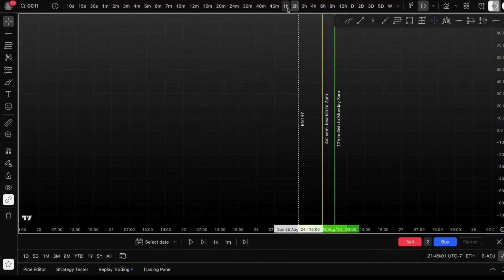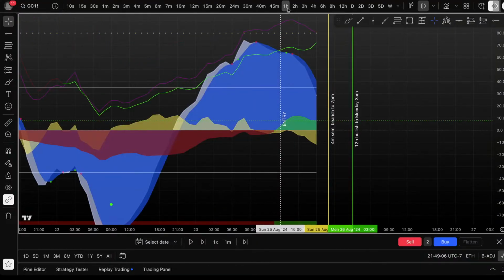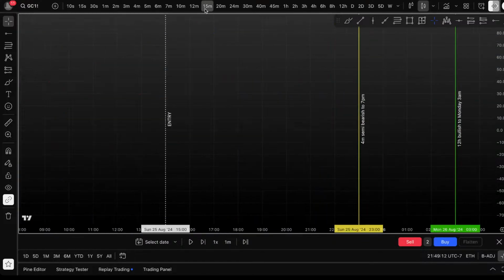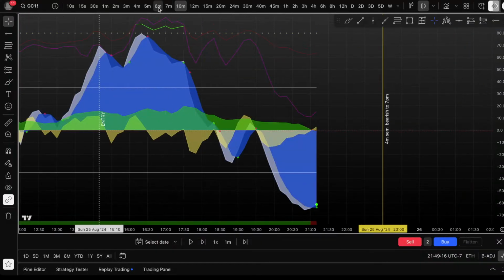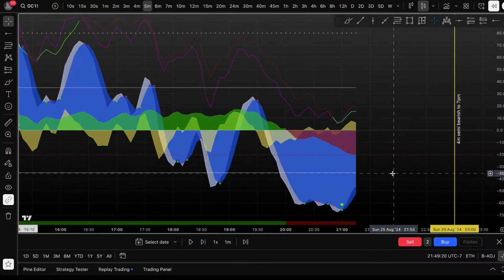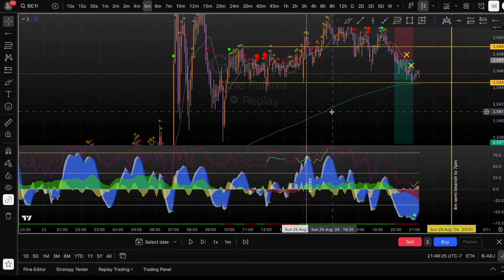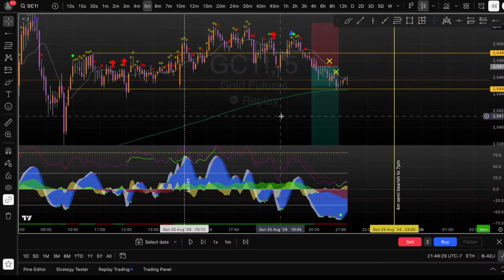Three hours still thinks there's hope. 2 hours coming down. 1 hour tightening up. I'd like to see another push down. I don't like how it's hanging out.